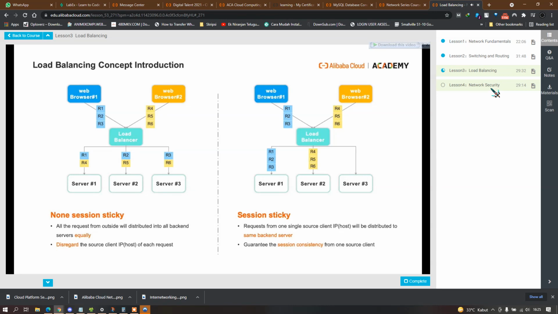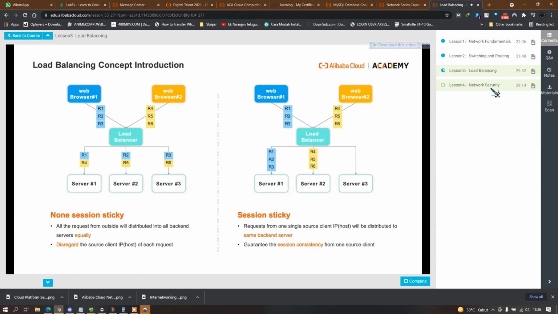We can give an example. All the requests from web browser number 1 will be distributed to all the backend servers, server 1, 2, 3. And the requests from web browser number 2 will also be distributed to all the backend servers. This is how it works if you don't use session sticky.